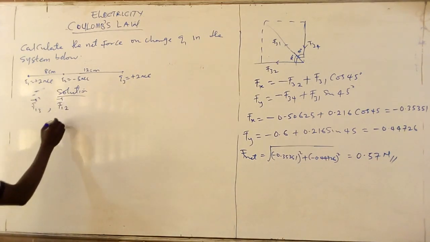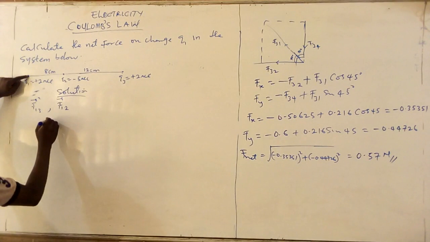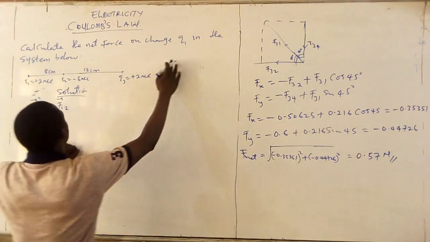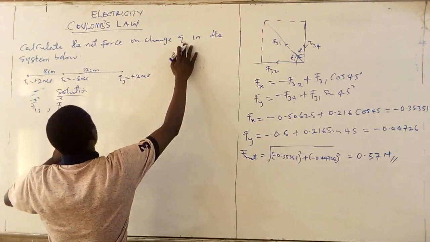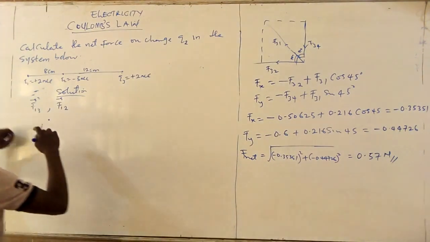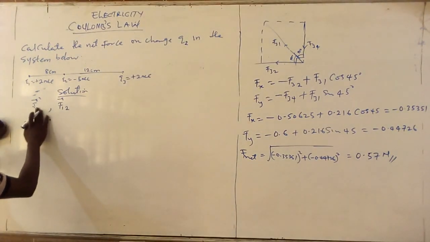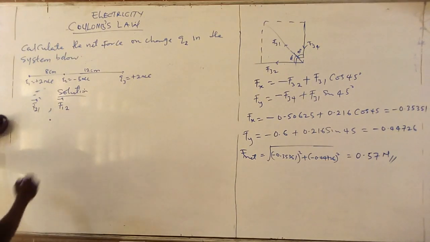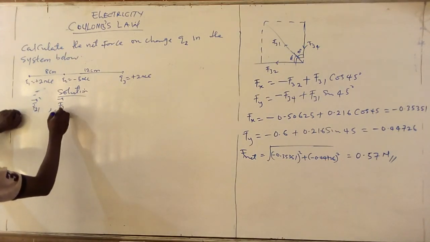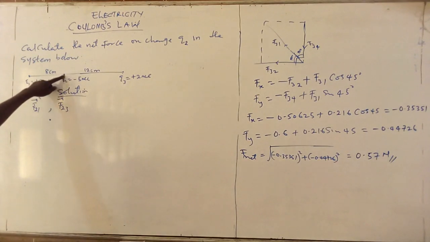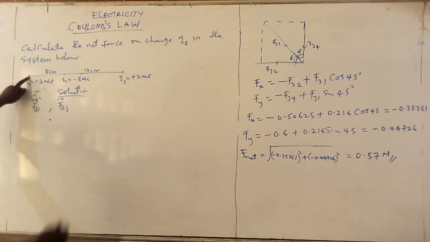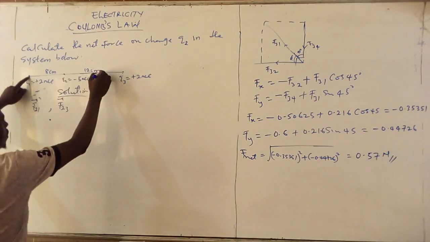What will happen? With respect to this force, you see this one, on Q2, then we need what? F21 and F23. This is negative charge, and this is also positive charge, and we also have positive charge. This one will attract this.